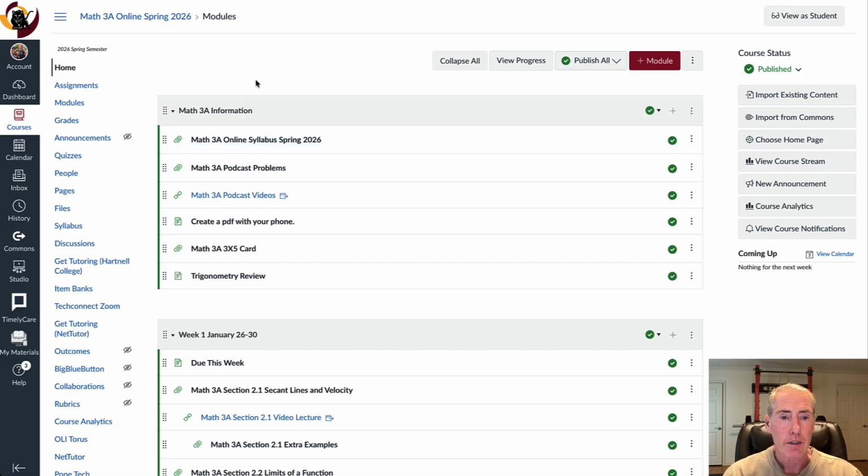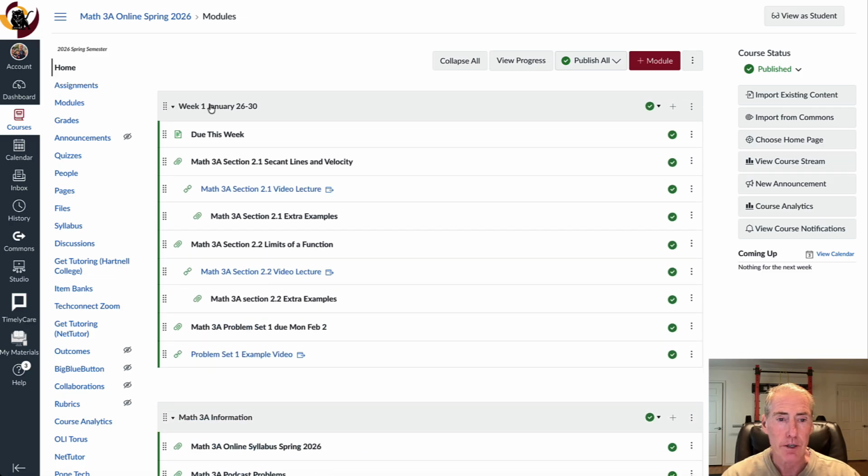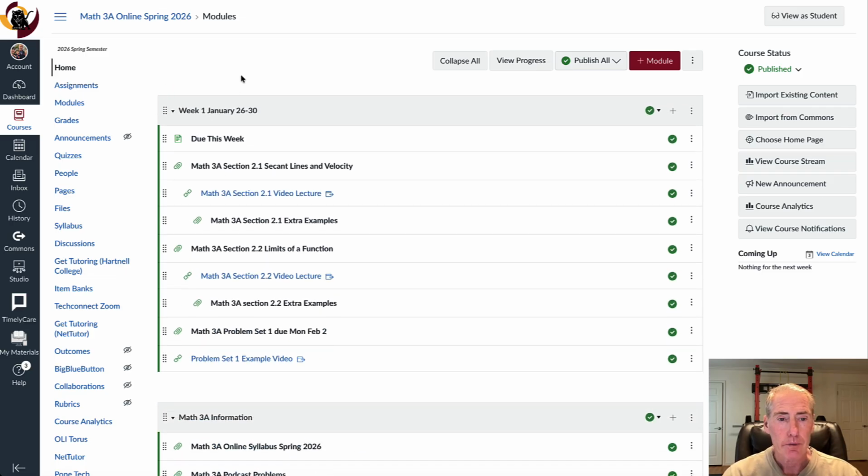So the way that the Canvas page is set up is I have this general information right here. Usually after the semester gets going, I put it like this. Okay, so you look at week 1, January 26th through 30th. What's due this week?